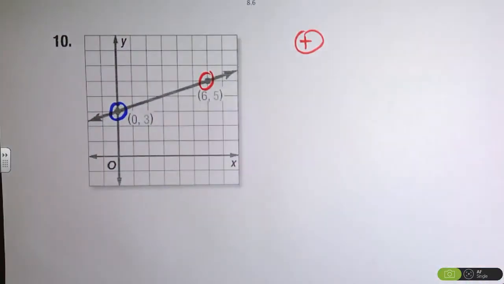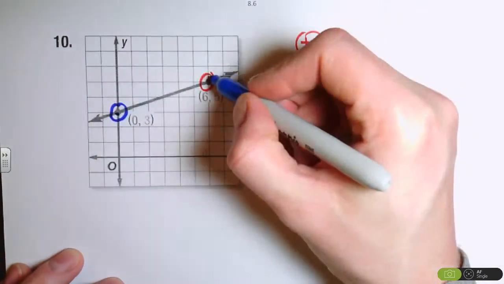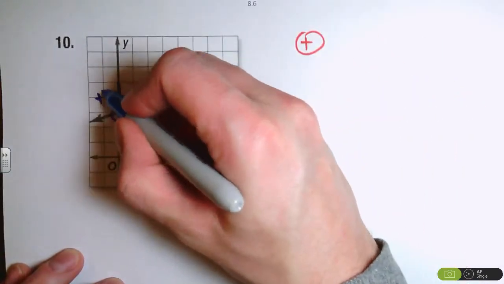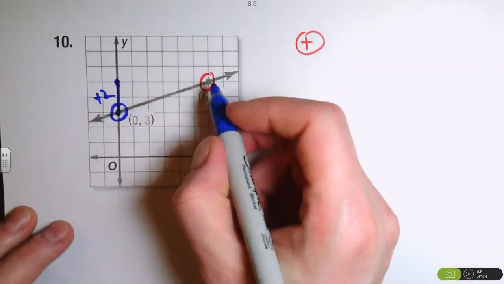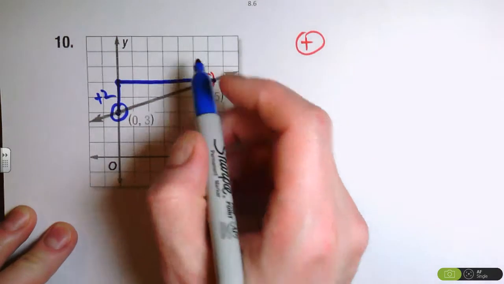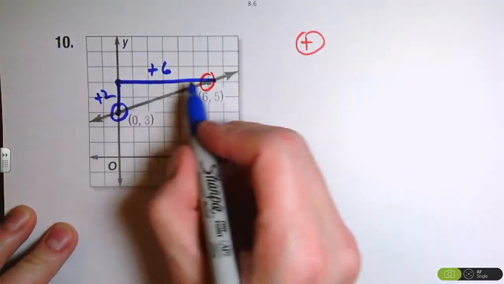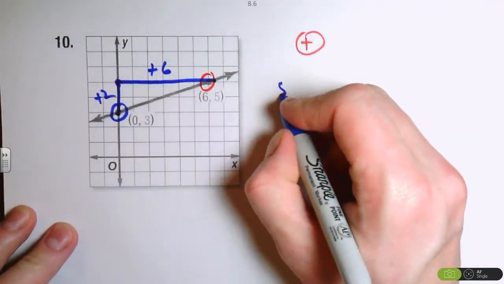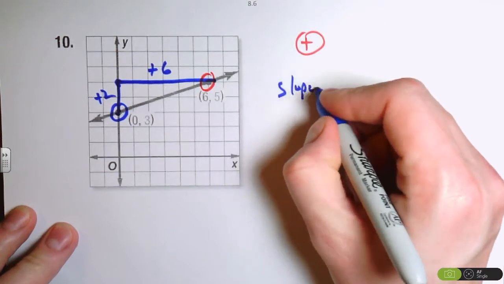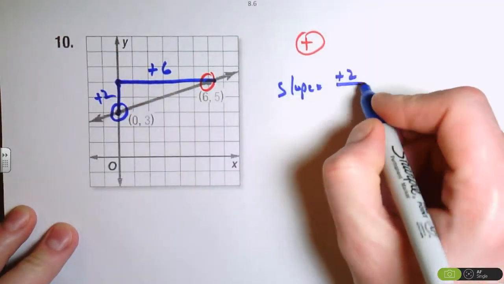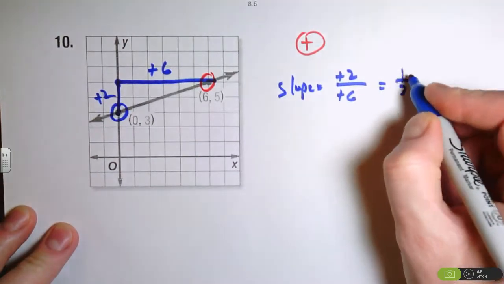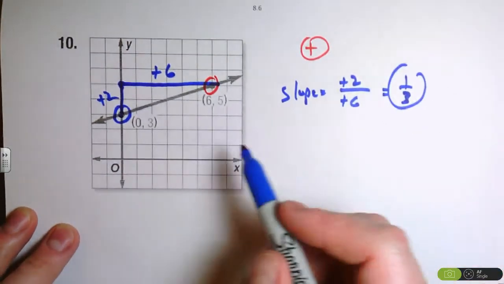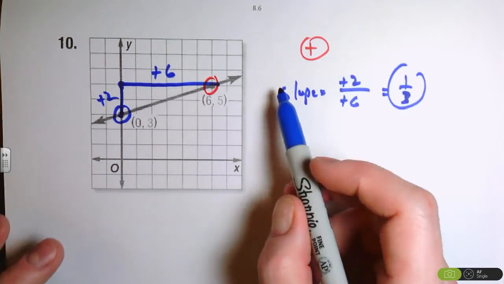Well, now I have to figure out how much it did that. Let's see here. I started down here. Now I'm up here, so I had to go up 2 to do that. So it's a positive 2, just to get on the same level as this guy. And then he moves over plus 6 to get from here to here. So slope is a rise of 2 over a run of 6, that reduces to 1/3 because it's a positive rise and a positive run.